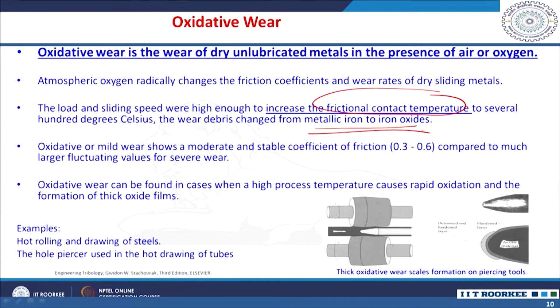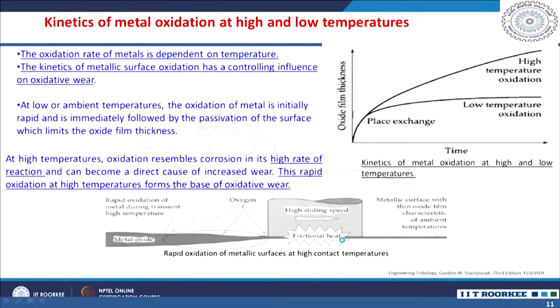Examples you can see are hot rolling and drawing of steels, or the hole piercer used in hot drawing of tubes. You can see thick oxidative wear scales forming on the piercing tools. So, you will have material removal mainly because of oxidative wear.